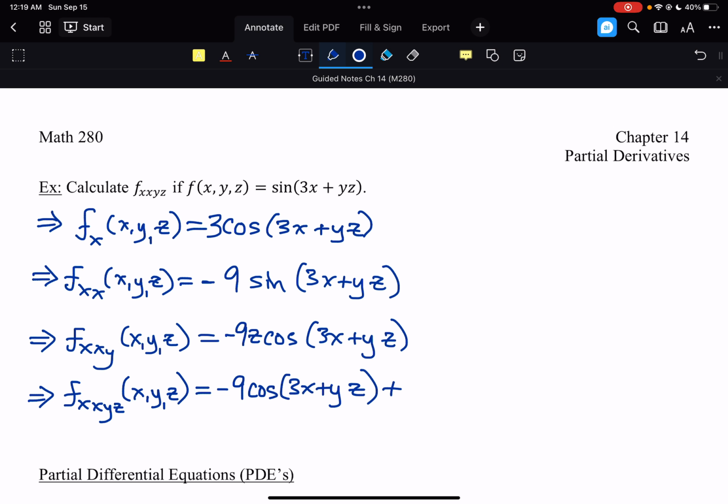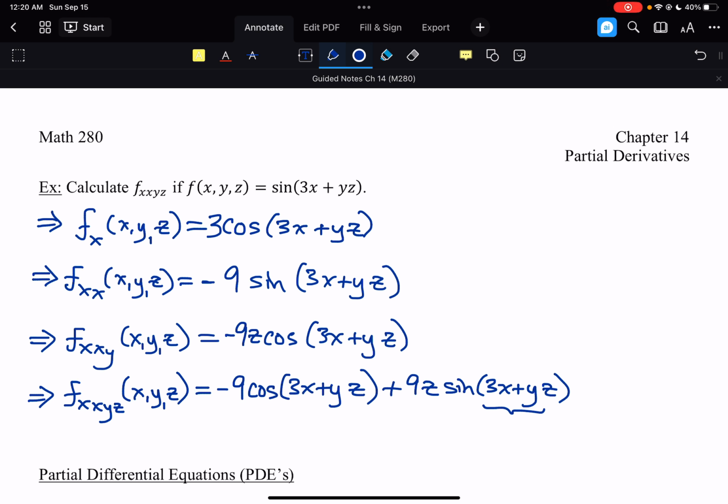Plus derivative of the second times the first. So we still have a negative 9z for now. Times the derivative of cosine is negative sine. So the negative is going to make it positive. So it's going to be 9z sine of 3x plus yz.